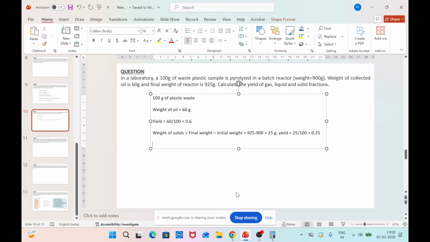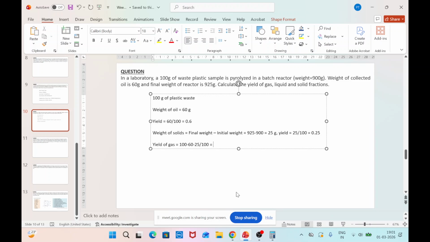what we can do is calculate the yield of the gas. It will be nothing but 100 minus 60 minus 25, by 100.